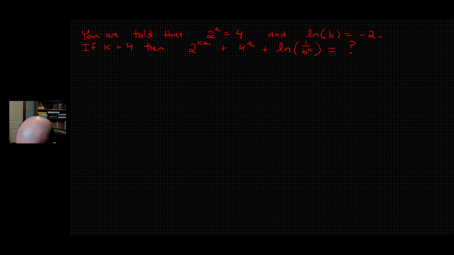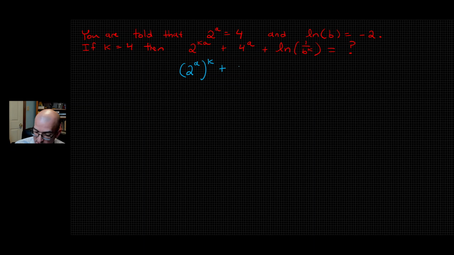First step in this transformation, I'm going to use the rules of exponents to rewrite 2 to the ka as 2 to the a all to the power of k. Because a power to the power multiplies, well, I can unmultiply those powers. Next step, I don't have 4 to the a, but I do have 2 to the a.